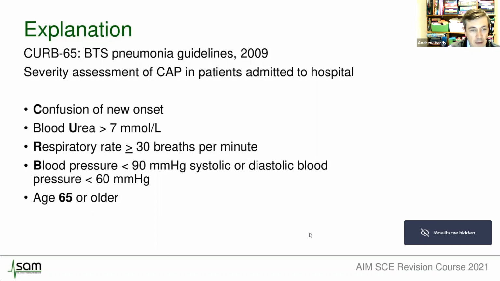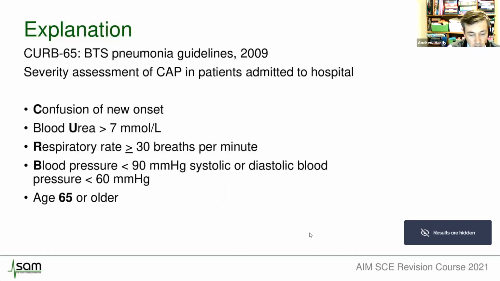They may ask about management based on CURB score. So in the BTS guidance, CURB score 0 to 1, usually we'd recommend outpatient treatment with oral antibiotics. CURB score 2, we'd recommend admission for treatment. And CURB score 3 to 5 is severe pneumonia, so ideally managed in a high dependency area with intravenous antibiotics.